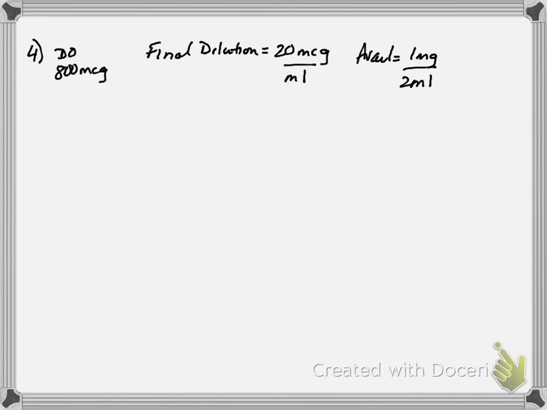Part A asks me how many mLs of the drug will you need. So I take the 800 mcgs, the doctor's order over 1, times the available, which is 2 mLs over 1 mg.